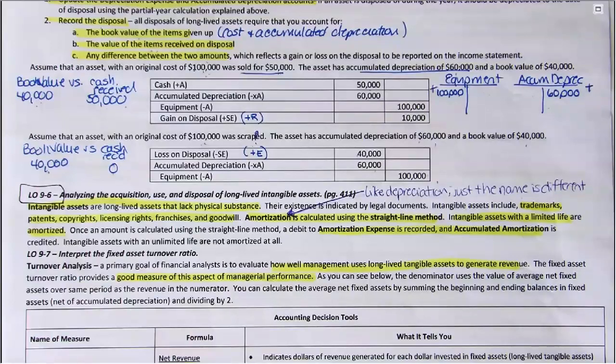You just keep using it, and each time it is ready to expire, you just file for an extension. So some long-lived intangible assets have a limited life, and if they do, we amortize them, which is like depreciation. If they have unlimited life, then we don't amortize them.